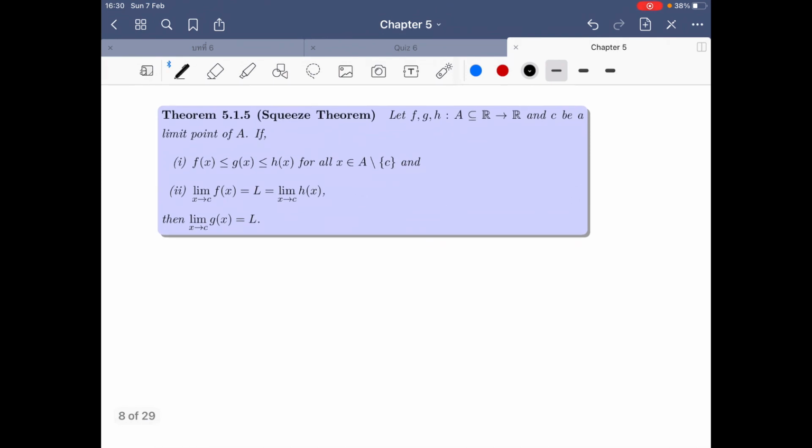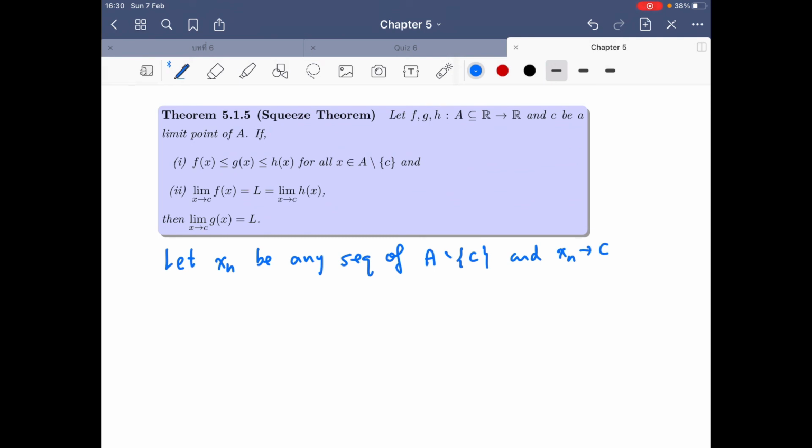Another important theorem is the squeeze theorem. Again, we use the sequential definition of the limit, by letting xn be any sequence in A minus the point c, with xn going to c.